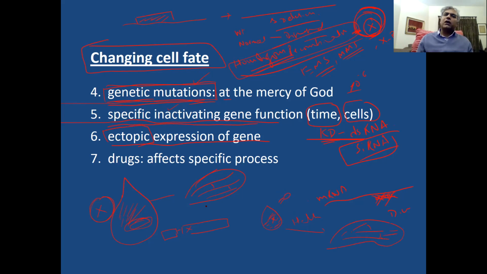Or we talked about PAX6. You remember we talked about PAX6, which is a master regulator in the eye development. So what they did, they used UAS sequences, upstream activating sequences, cloned the fruit fly eyeless gene, and made transgenic flies. Now, these transgenic flies were used to cross with tissue-specific GAL4 driver.